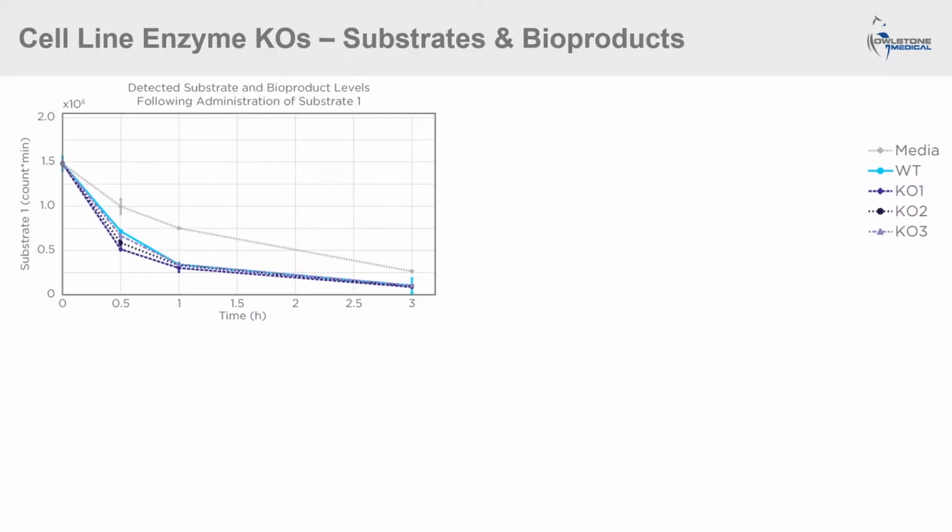So to show some results, we can see here that for this compound called substrate 1, we observe a reduction over time, which is expressed on the x-axis, and the amount of the substrate expressed on the y-axis. When we have only media, we observe some evaporation, which is expected because this is a volatile compound.